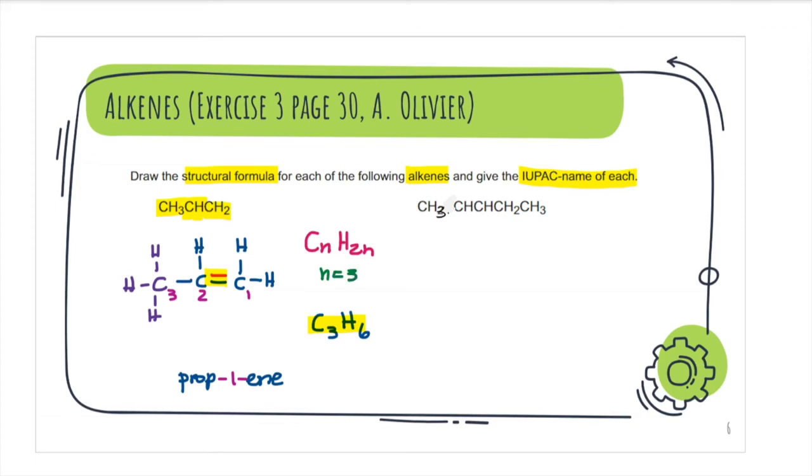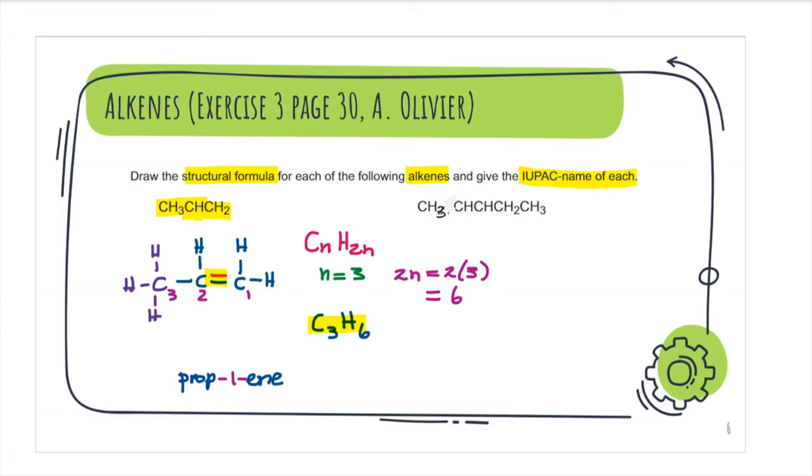So to calculate the number of hydrogens, we can simply say 3 times 2 because it says H2n. So 2n is going to equal 2 multiplied by 3 because n is 3, and this gives us 6. And you can clearly see that the general formula works in this case because this is an alkene.